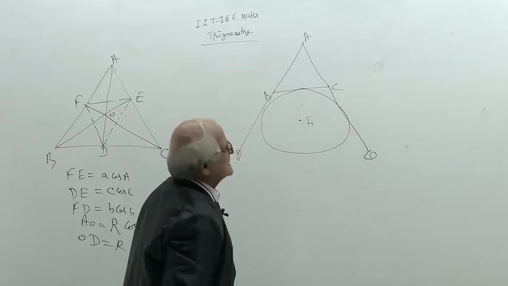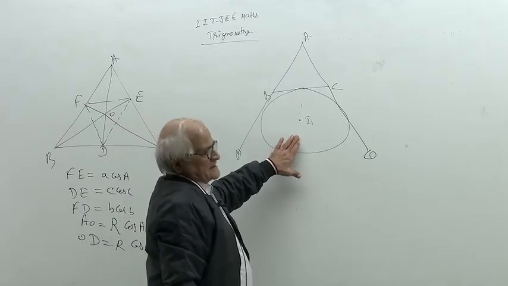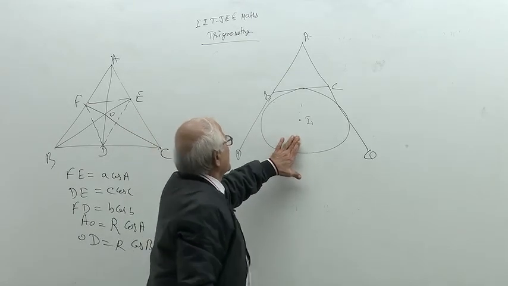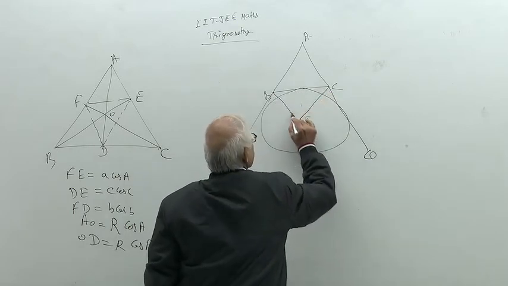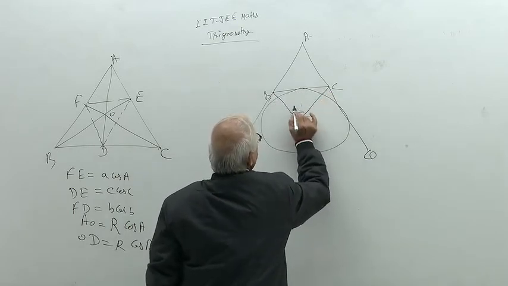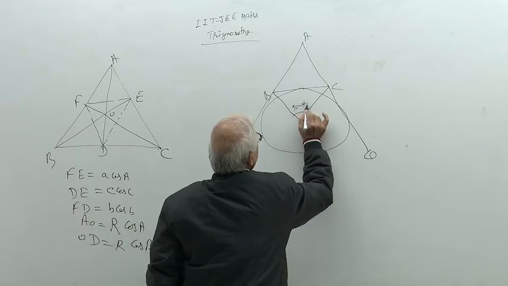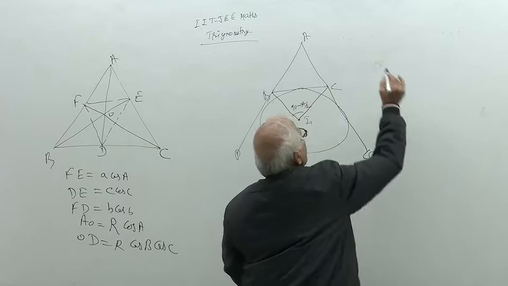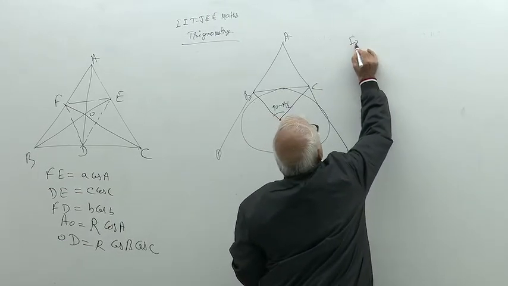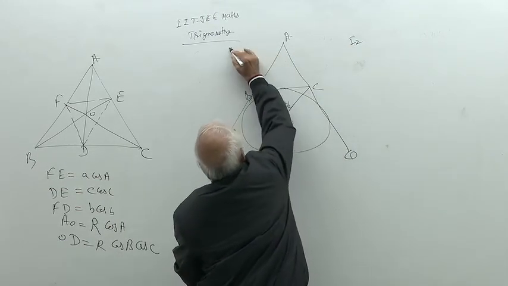This I1 is the excenter. Here you see, the angle is 90 minus A by 2. Similarly, we have I2 here and I3 here.